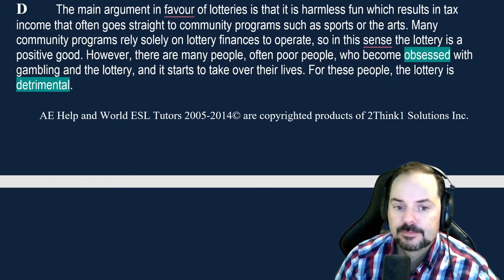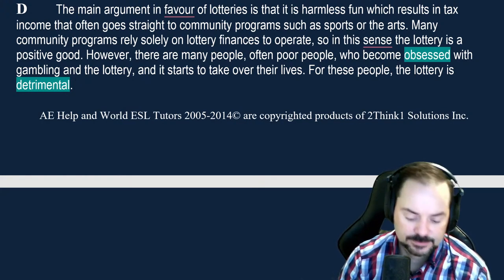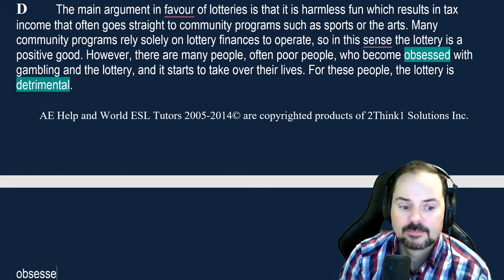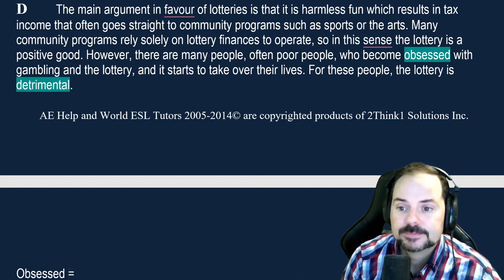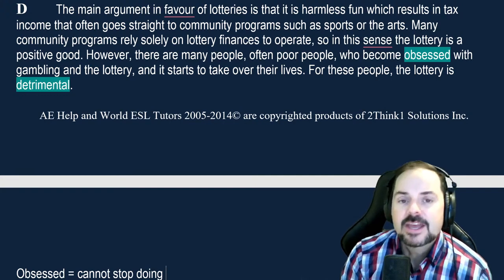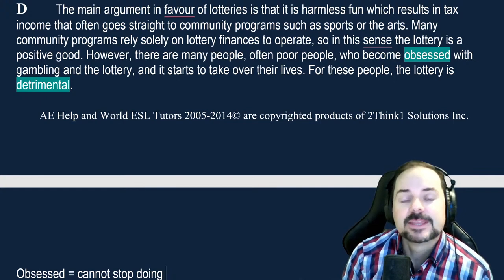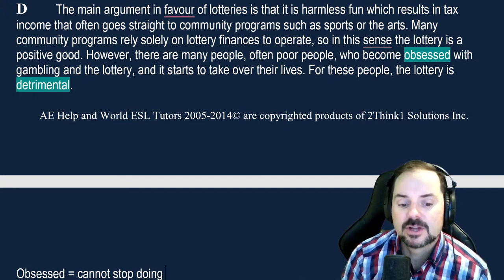I think poor people become to be gambling, invest too much on the lottery. Yeah, so they can't stop doing it, right? They just keep doing it and doing it. That's what obsessed means. Like addicted. Addicted, that's right. So they cannot stop doing it. They become addicted.